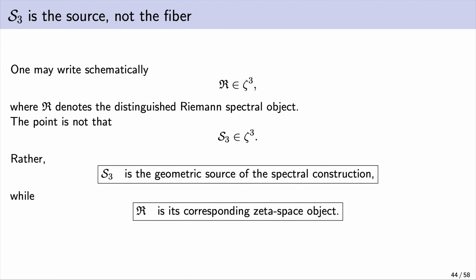Schematically we can write R is an element of zeta 3, where R denotes the distinguished Riemann spectral object.